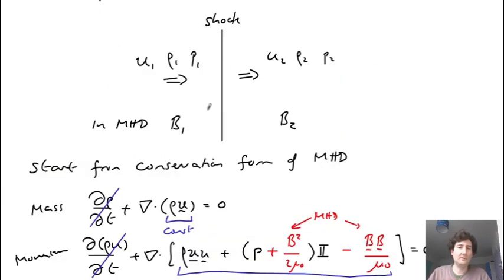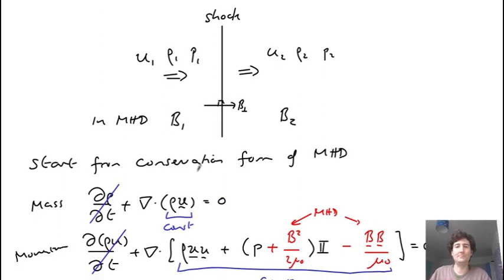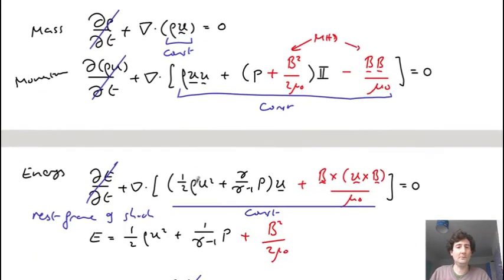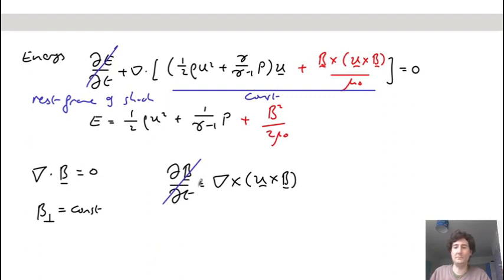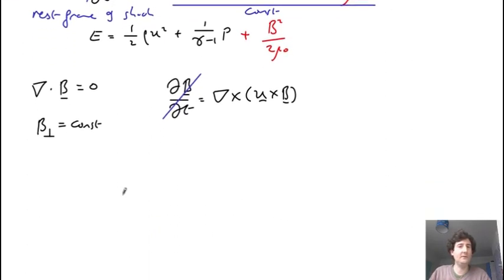So if you have, say, this is B perpendicular, it's this component which is at right angles to the shock. We can distinguish that from B parallel, which would be the component along the shock. So this is the component perpendicular to the shock, that must be constant across the shock. This one here we can just evaluate on both sides of the shock. Again, it's just saying this must be constant.